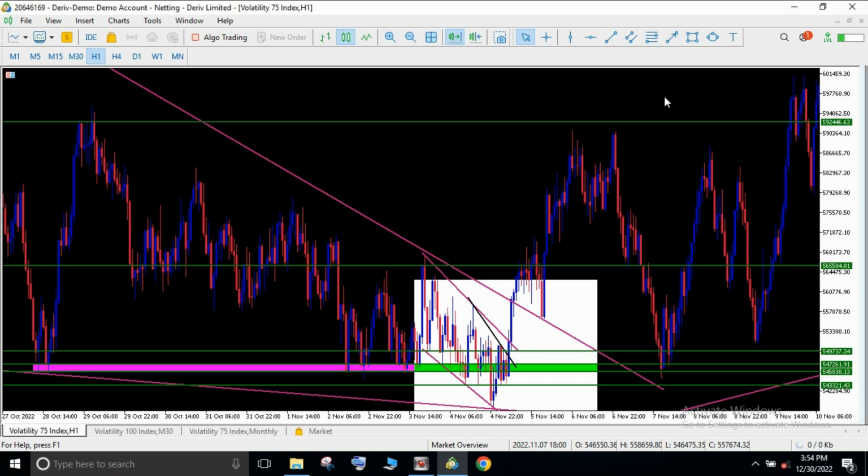Guys, my best killer strategy, WTB, what I have been sharing with you right now, is what it does. We risk one, we gain 2 or 3, sometimes we gain 5, sometimes more than 5, guys.